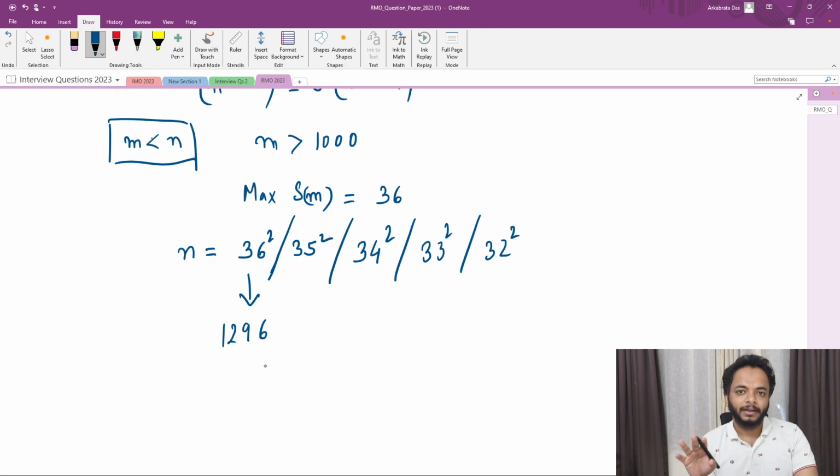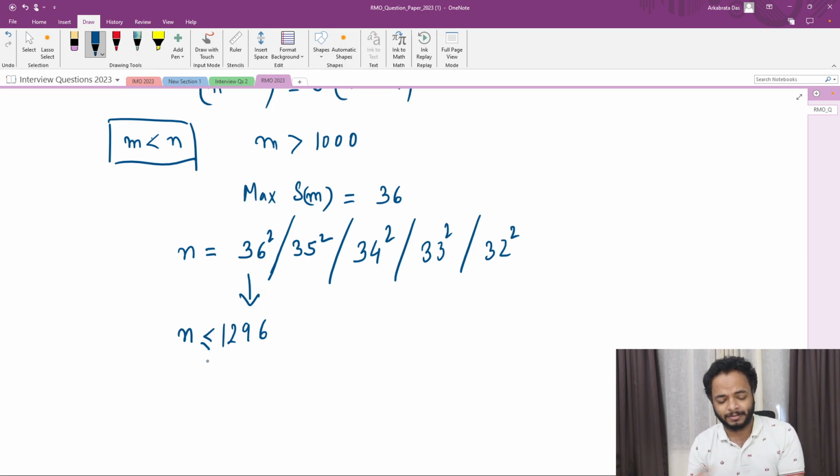So just try to think that, even though suppose there is some n which works, a 4-digit number n works, so n will be less than or equal to 1296.